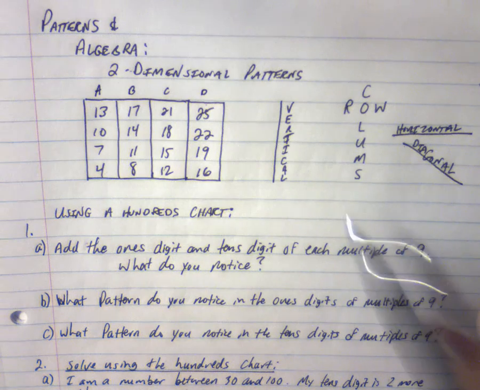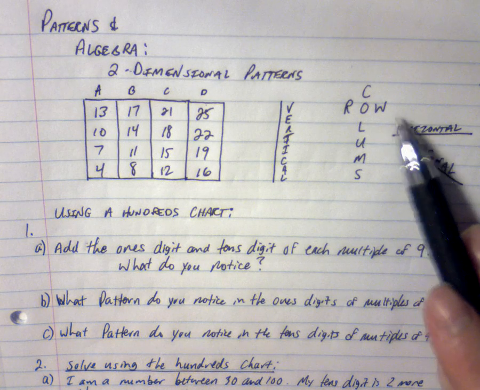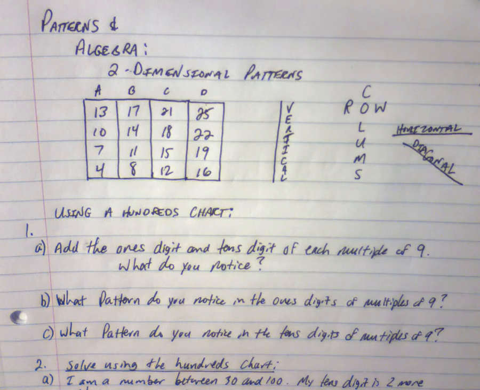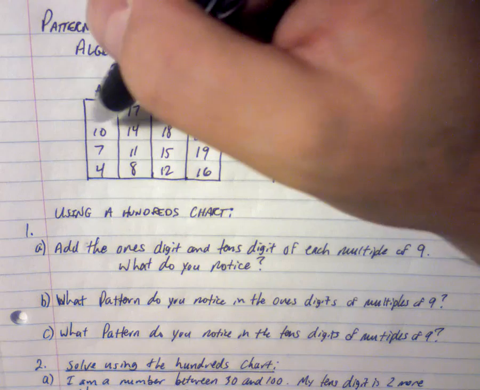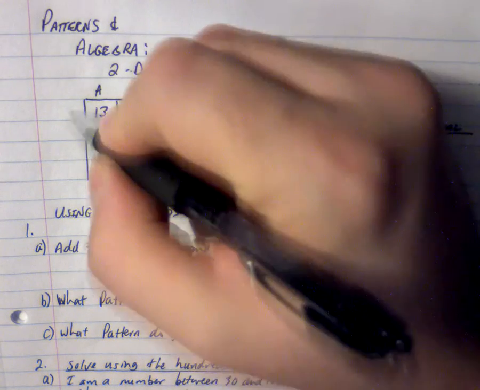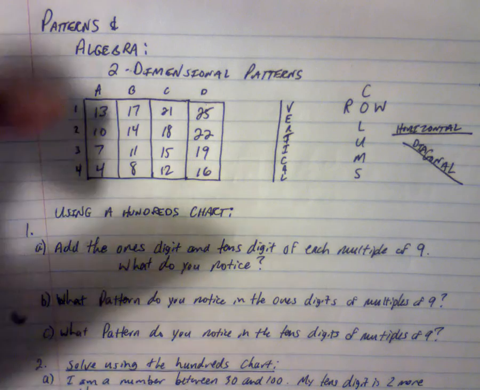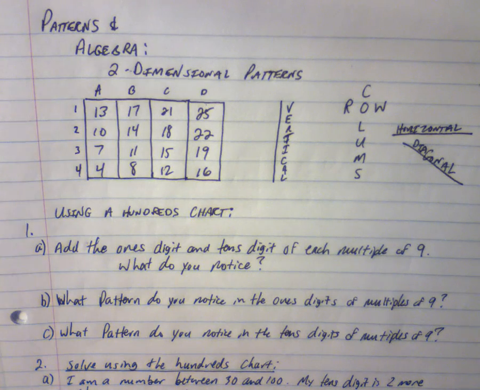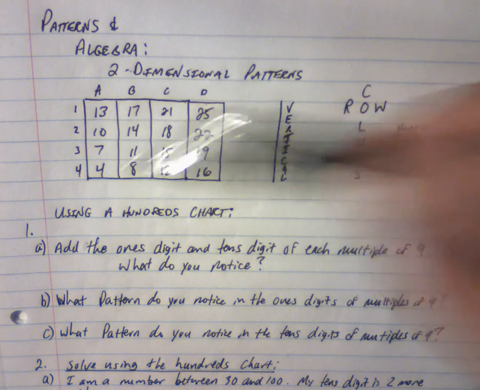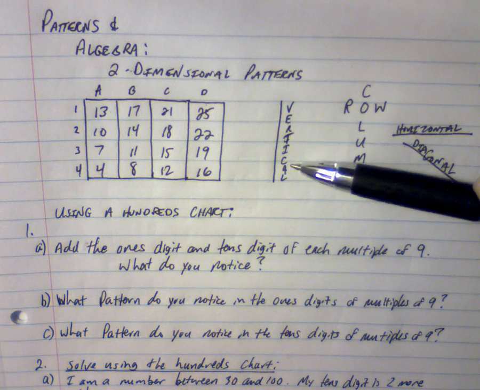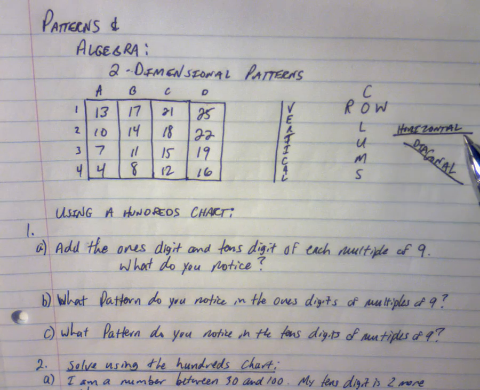And rows typically run this way, so we're looking at row 1, 2, 3, 4, and we number them from top to bottom. So columns run vertically, rows run horizontally, and then there is the diagonal.